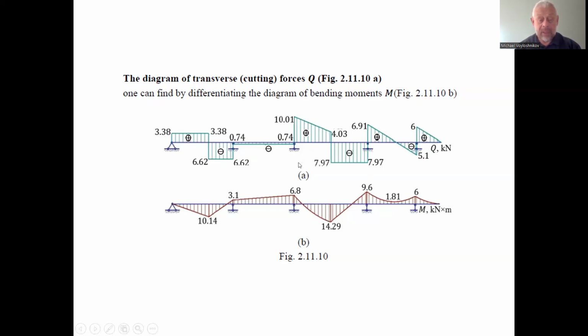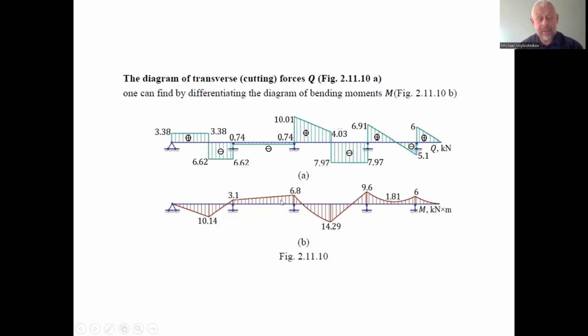And this is very positive because the magnitude from minus 14.29 increased to 6.8, increasing with acceleration. So the inclination of the tangent to this function increases as well.